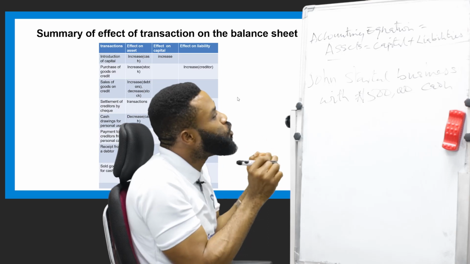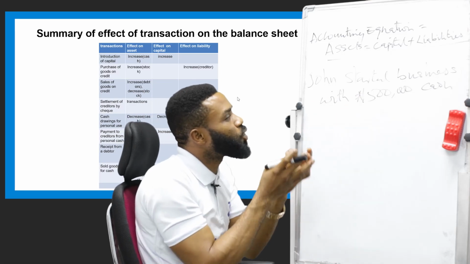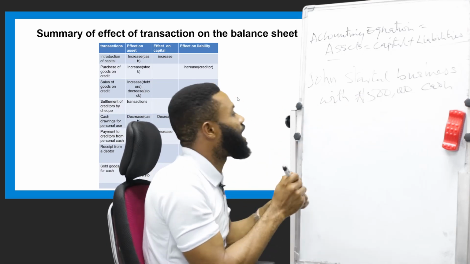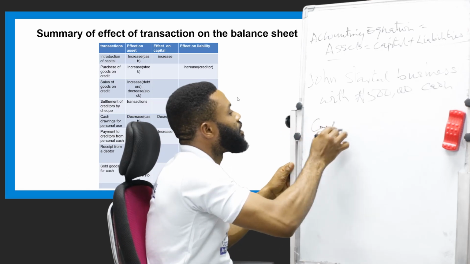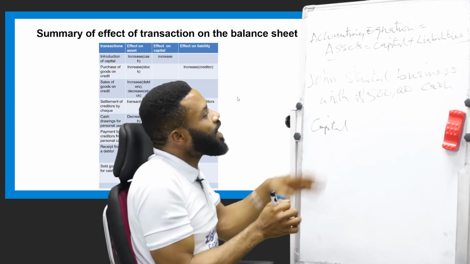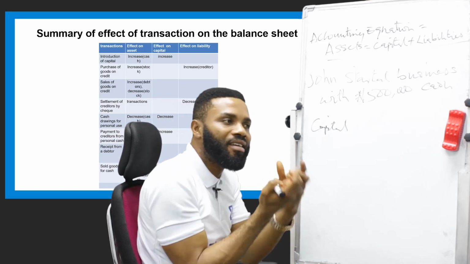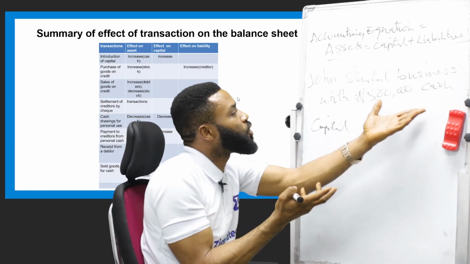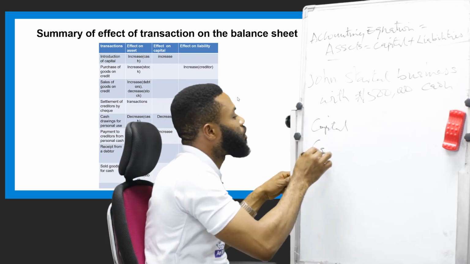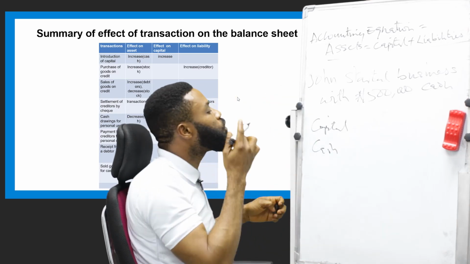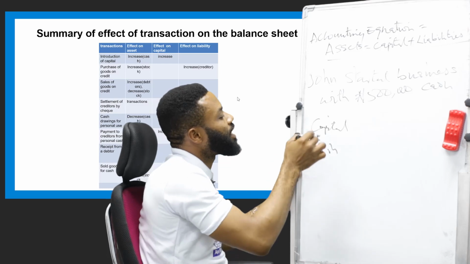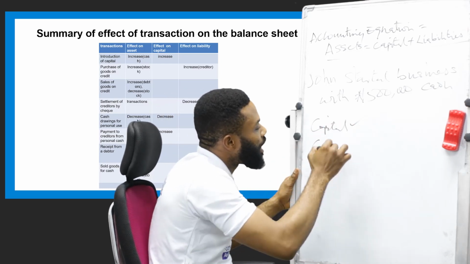Now, first of all, you know that money introduced to start up a business is what? Capital. So you write capital first. Then they said this money was actually introduced in cash. So since the money was introduced in cash, you know that cash is also affected. So the two items affected here are capital and cash.